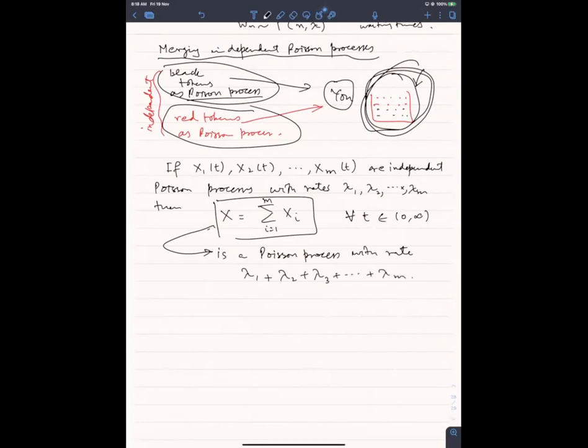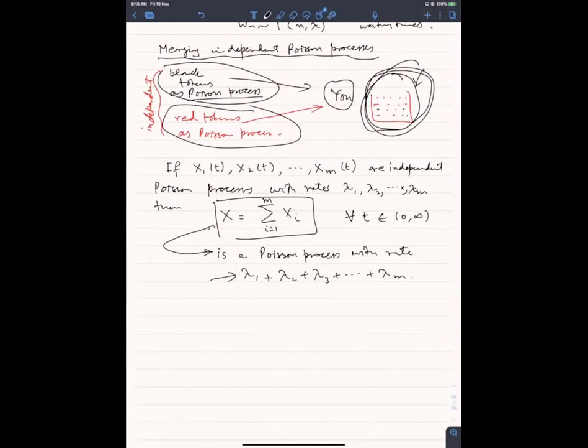And it's no surprise. If from one place on the average 10 tokens per minute are coming, and from another place 5 tokens per minute, then in total you will have 15 tokens per minute. So this lambda is the number of events received in a duration of time on average.